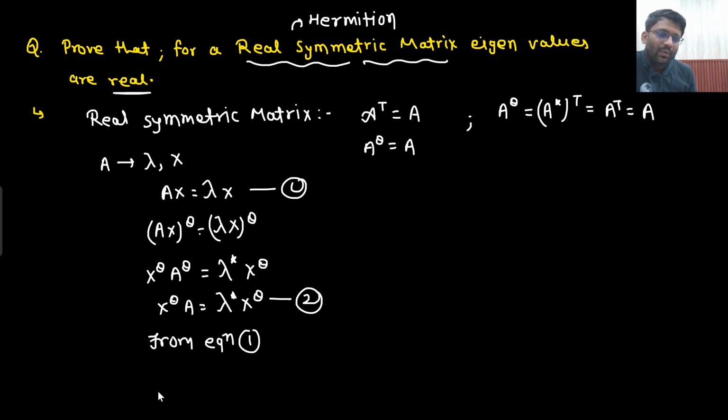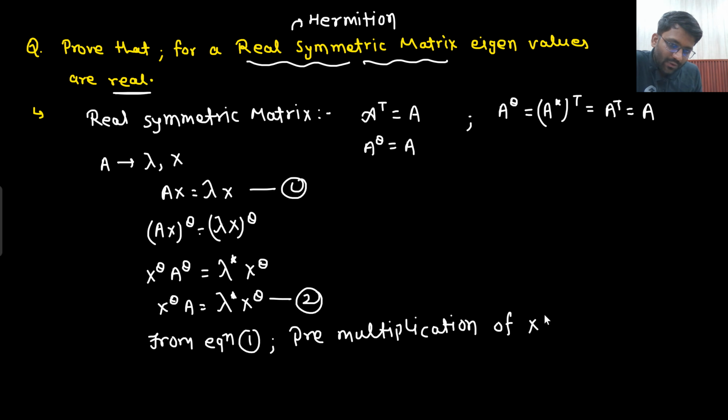From equation 1 what can I do? I can do the pre-multiplication of x conjugate. If I do the pre-multiplication of x conjugate, what will I get? x conjugate Ax equals lambda x conjugate x.